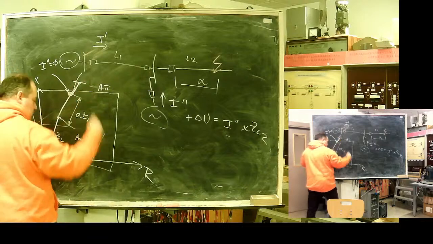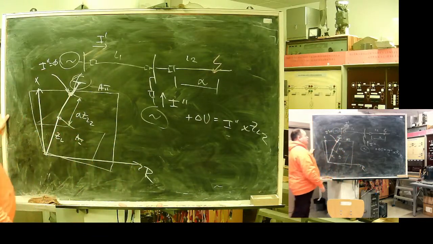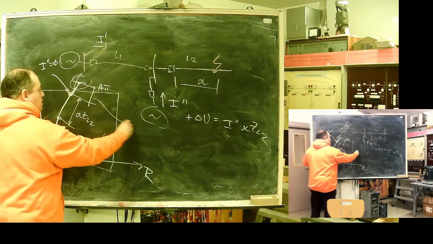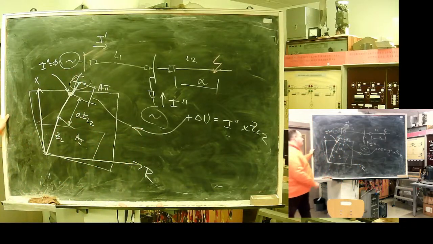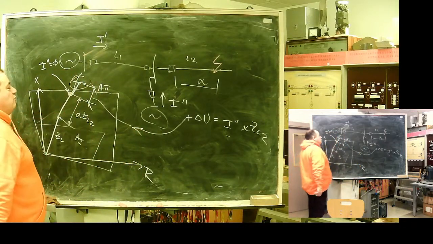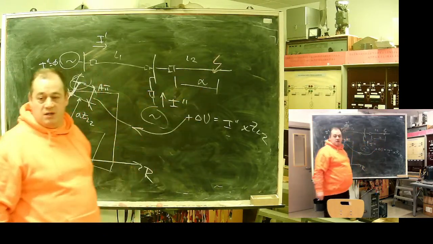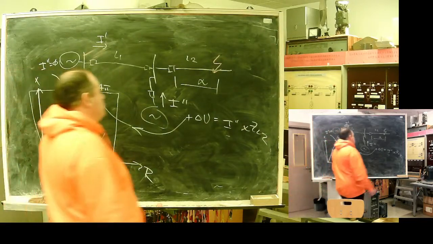We will get our fault here. So this additional part is caused by the voltage drop from the second current on this line.